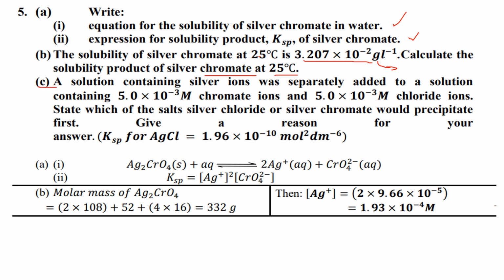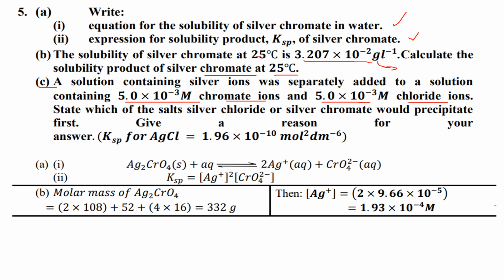Now in part C, if the solution containing silver ions was separately added to a solution containing 5 × 10^-3 moles of chromate ions, remember that will be the common ion effect. And if you remember, the effect of the common ion effect is to reduce solubility. And also one of 5 × 10^-3 chloride ions.